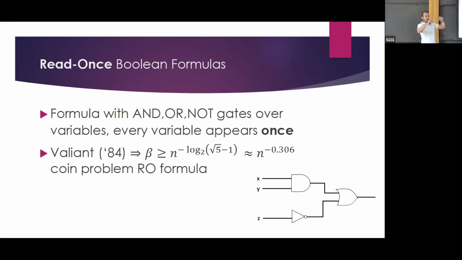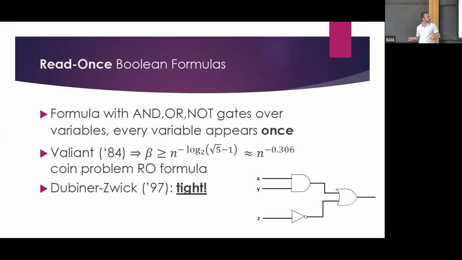So we constructed some formula with n variables and low depth, such that if you would put in every variable, which appears only once, a random coin toss with bias larger than this, then the output of the entire formula is going to be constantly biased towards the right direction.